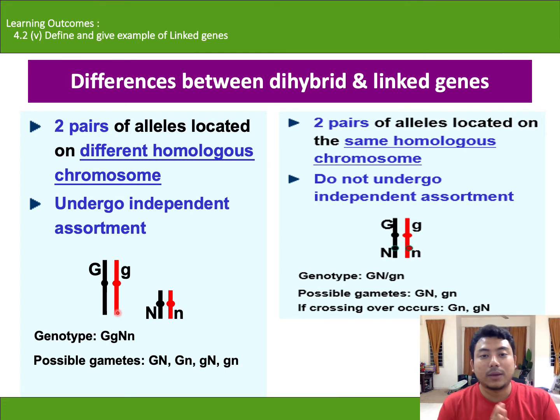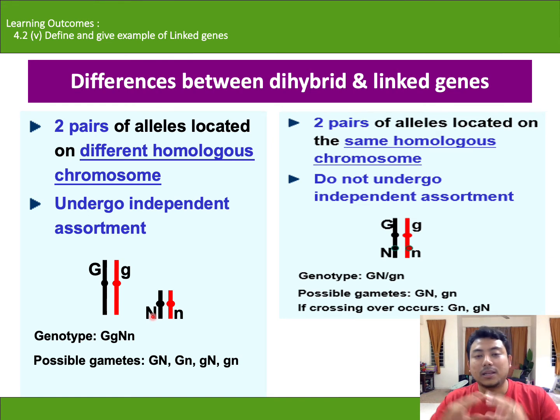If genes G and N are on separate homologous chromosomes, they can undergo independent assortment, that is, they can arrange independently. However, in linked genes, since they are located on the same homologous chromosome, they do not undergo independent assortment.